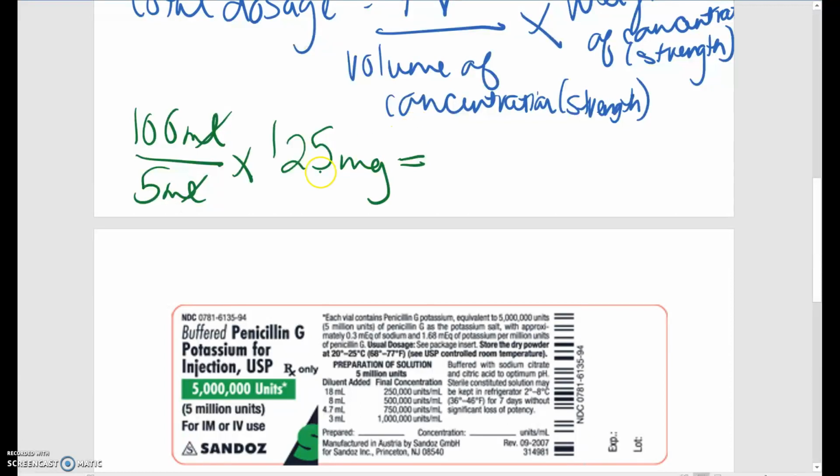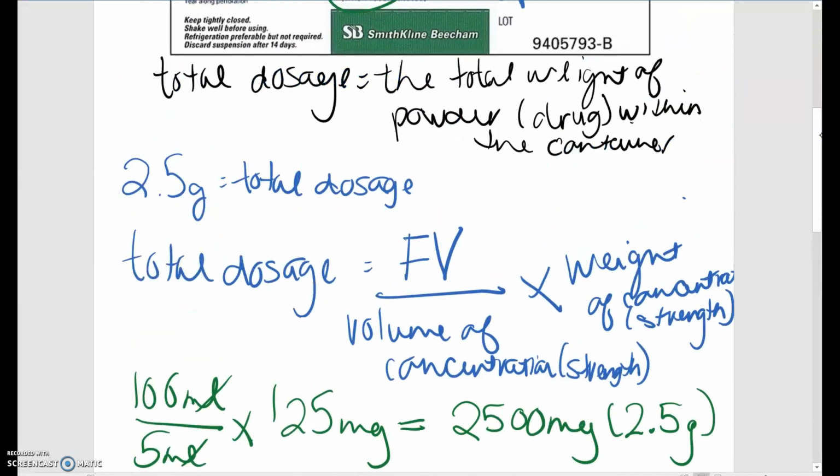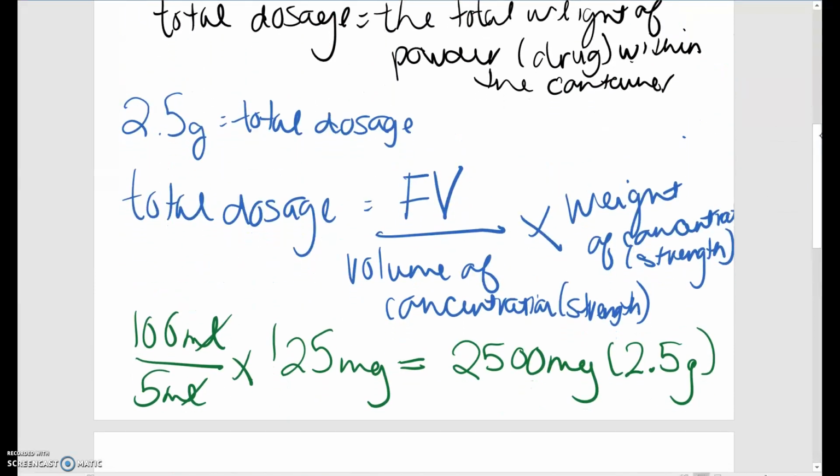Milliliters cross out. That gives you 2,500 milligrams, in parentheses 2.5 grams. Anytime a problem asks you to provide the total dosage, you always give your answer in grams.